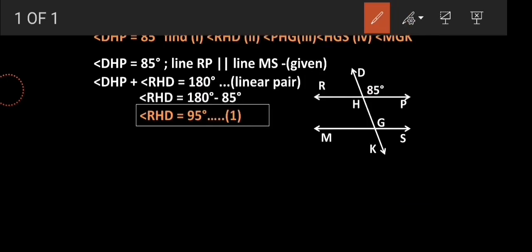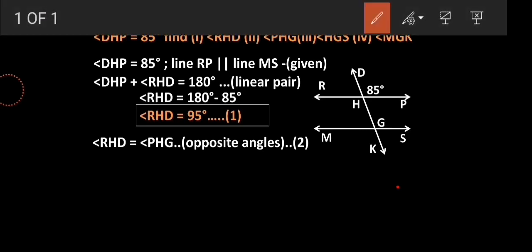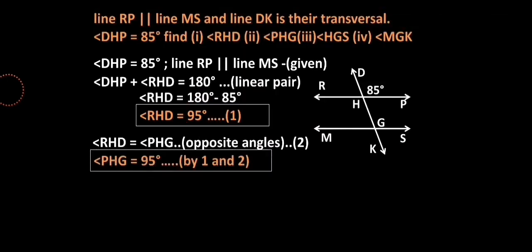So we can write directly RHD is congruent to angle PHG because they are vertically opposite angles. And by observing that 1 says RHD is 95 and 2 says RHD equals PHG, PHG is also equal to 95 by observing 1 and 2.